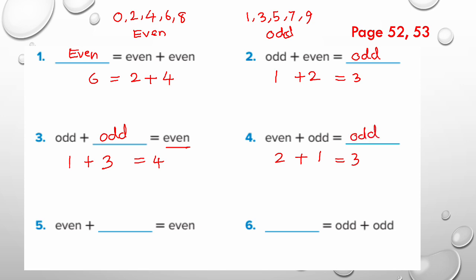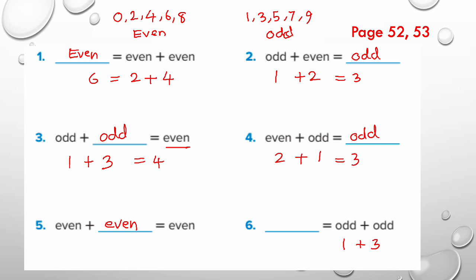Next, even number plus a type of number equals even number. So you can see even number plus even number is always even number. And odd number plus odd number is not odd number. Don't think that because even number plus even number is even number, odd number plus odd number is odd number. So you can take example 1 plus 3, odd number plus odd number.